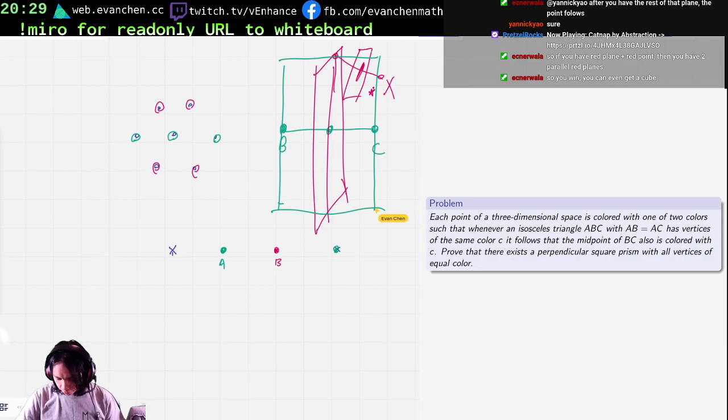So if there's any, all of these things need to have a, yeah, this whole locus has to be red, because if the midpoint is green, then, okay. This is so convoluted. Okay.